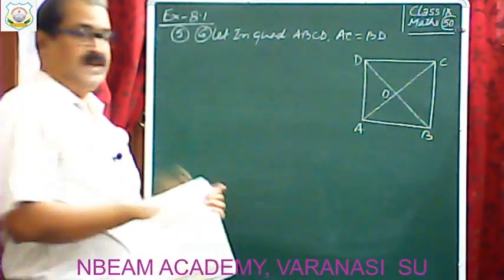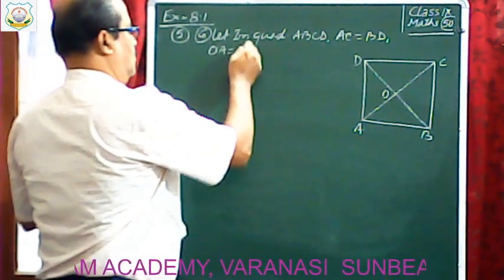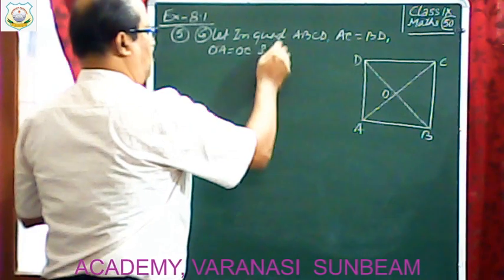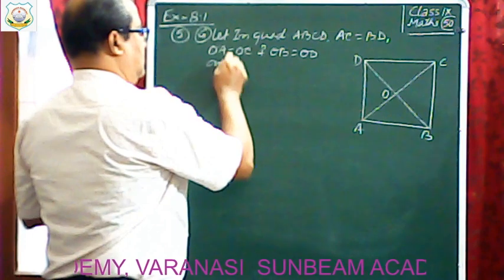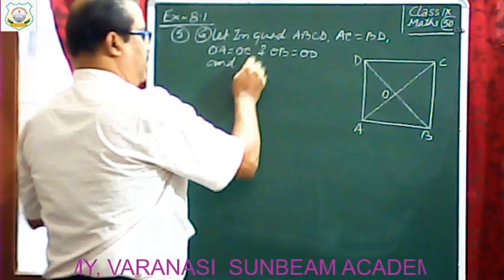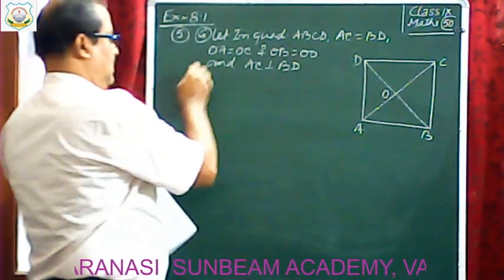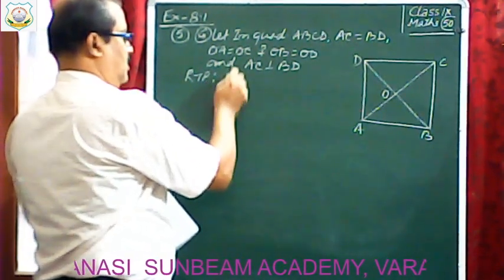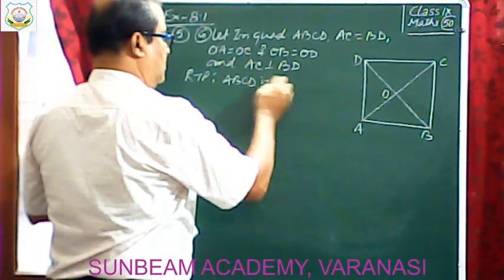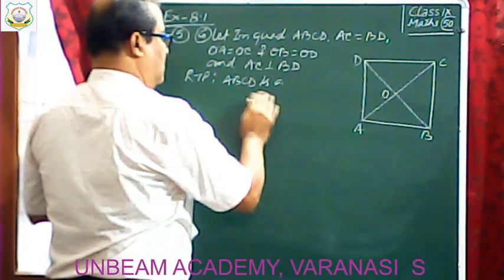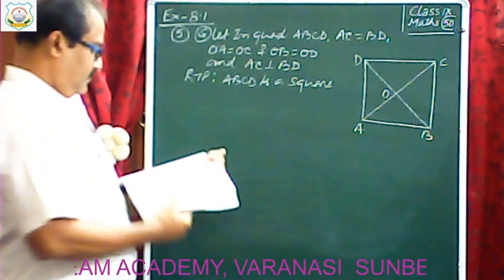Diagonals bisect each other means OA equal to OC and OB equal to OD, and diagonals are perpendicular to each other, AC perpendicular to BD. Then required to prove A, B, C, D is a square. Okay.